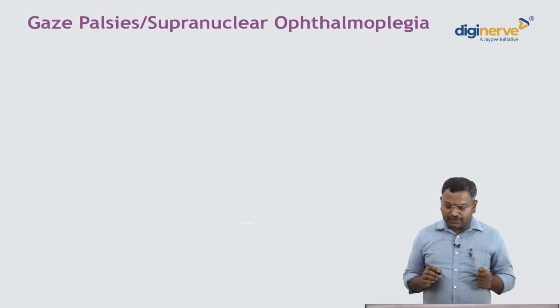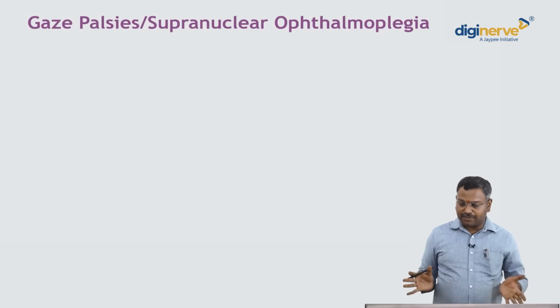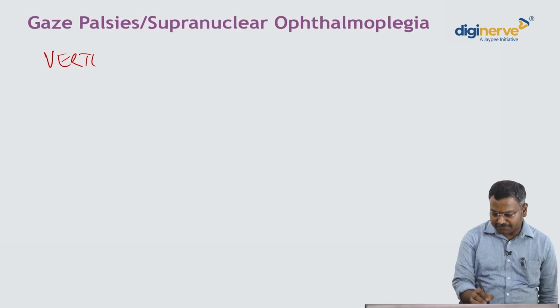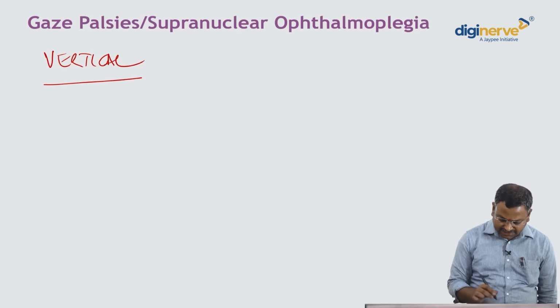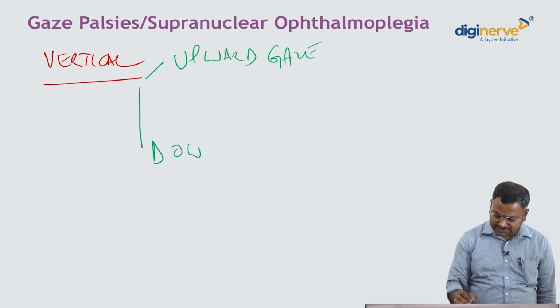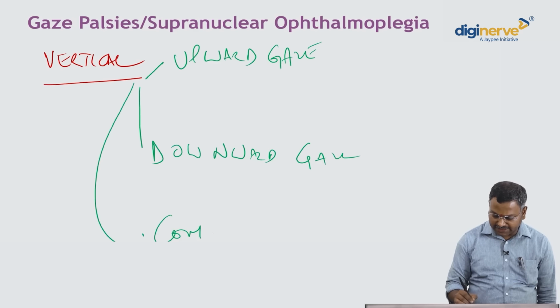Now coming on to the supranuclear ophthalmoplegia, where there is a gaze palsy. You could have various types of gaze palsies. You have the vertical gaze palsies, and among them you have two major types: one is the upward gaze palsies and the downward gaze palsies, and then you could have the combined upward and downward gaze palsies.